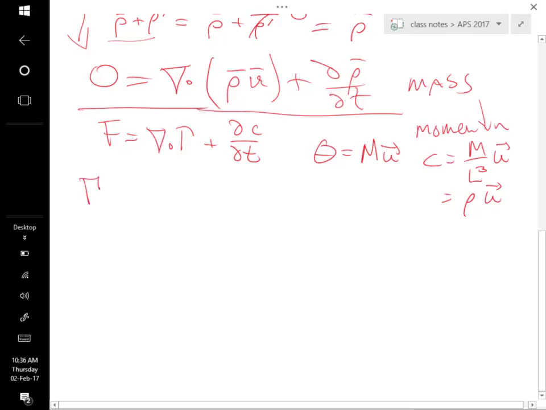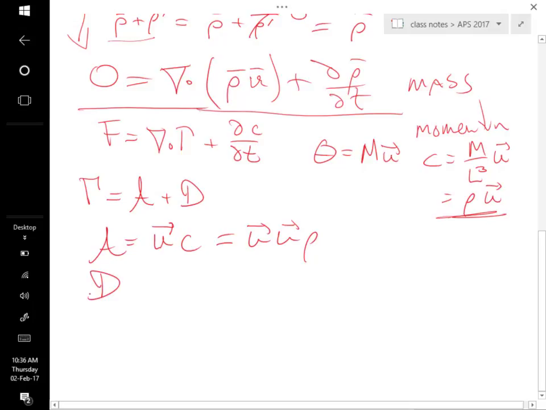For momentum, we've got the advection of momentum and diffusion of momentum. Advection of momentum is just going to be velocity times c, and c is here, so velocity times density. The diffusive flux of momentum is minus the stresses in the fluid.